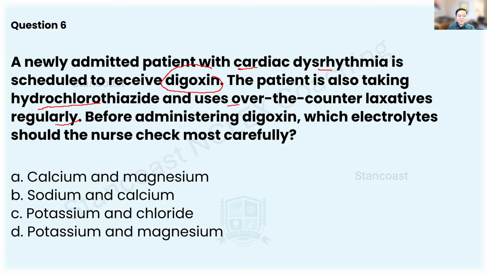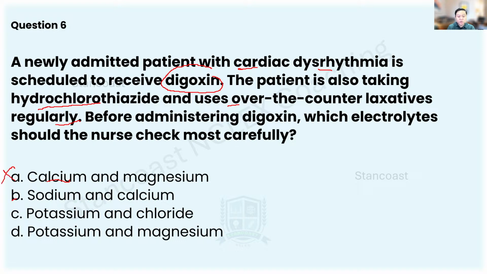If you had answered letter A, calcium and magnesium, this is incorrect. We know that the calcium is also important in the cardiac function, but it is not directly related to digoxin toxicity, okay? Even though it can affect, all right? It is not really the main electrolyte that you should be paying attention to.